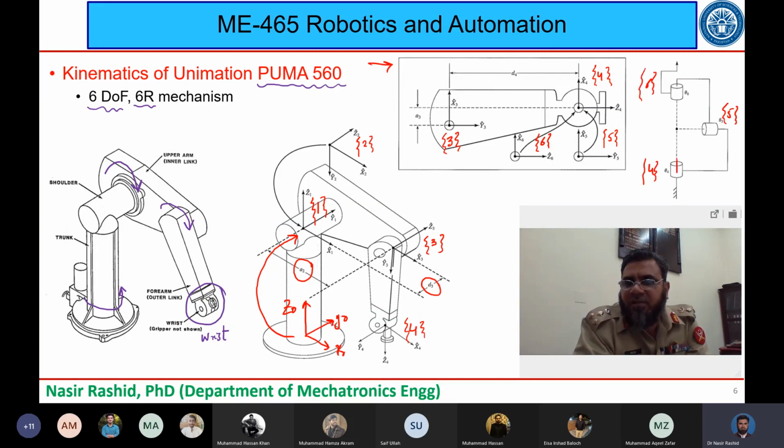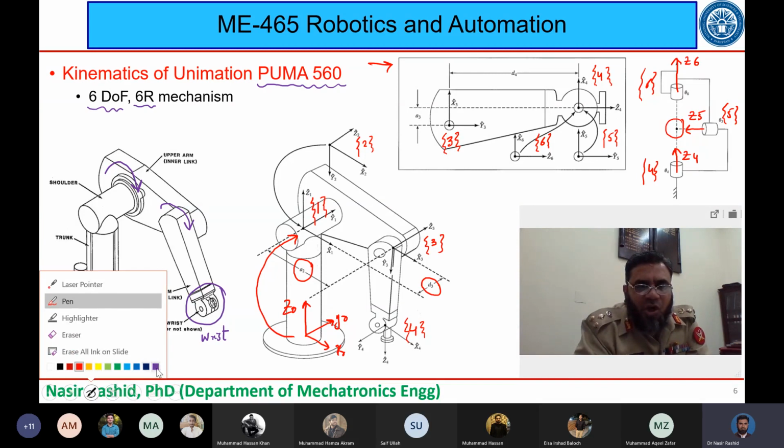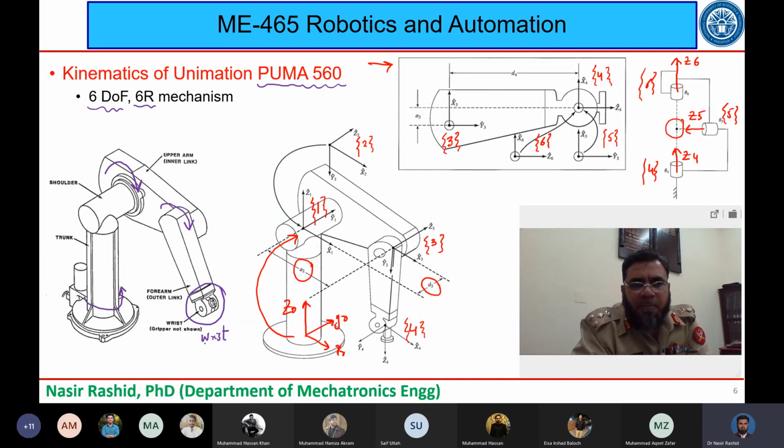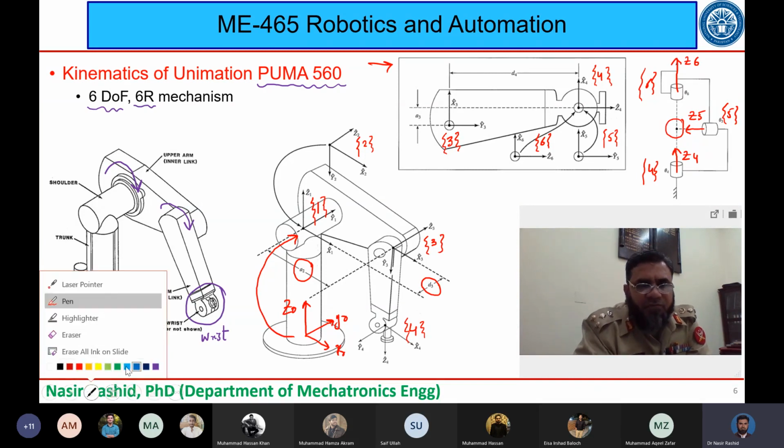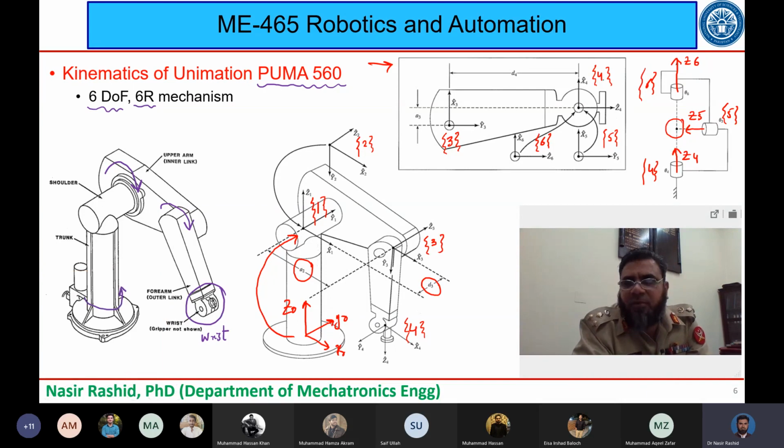If I draw their Z axes, this is Z4, this is Z5 and this is Z6. Since they are intersecting with each other, I can put them all here, which I have shown: I have put all my frames of the wrist at one place, which can be seen here.